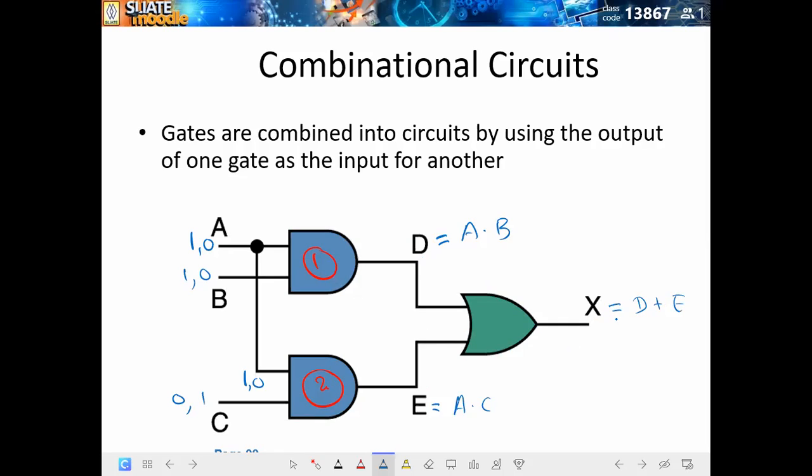The OR gate's output always equals D or E. Now you know D and E from the initial inputs, so we can write X equals D, which is A and B, with brackets, or E, which from its inputs is A and C.